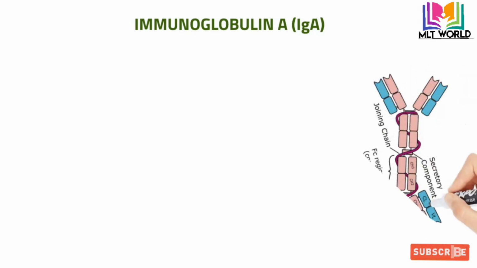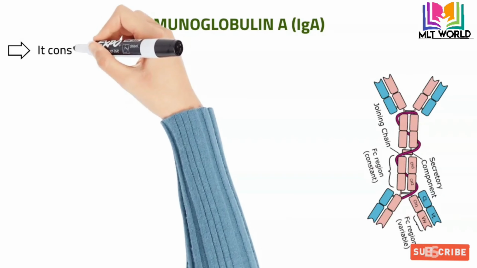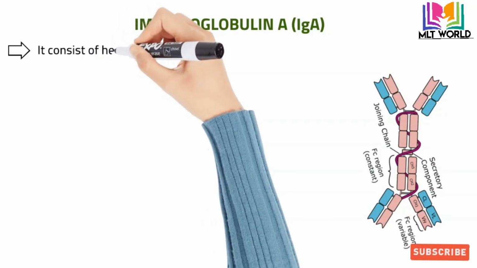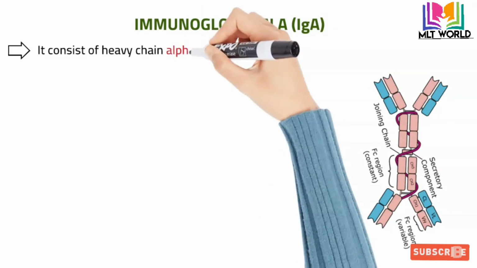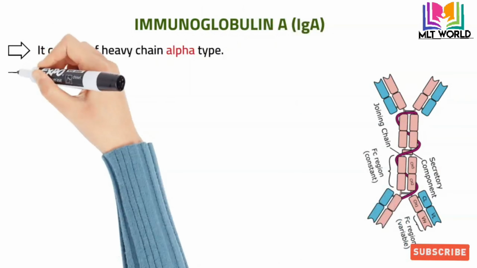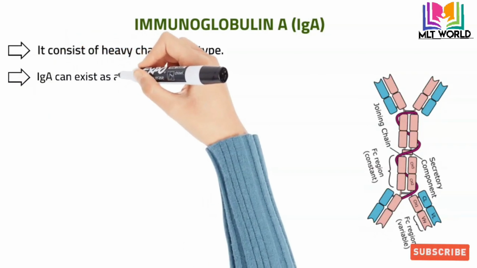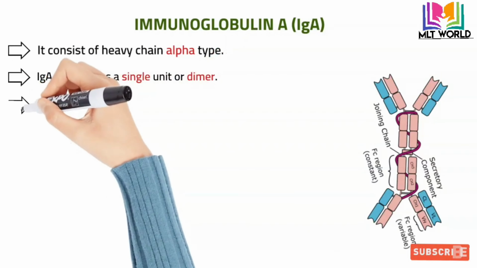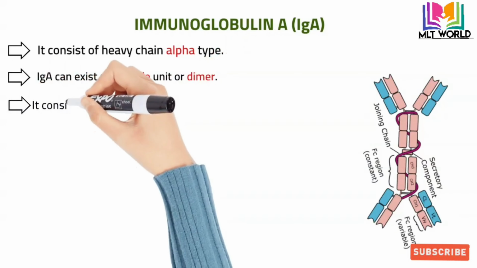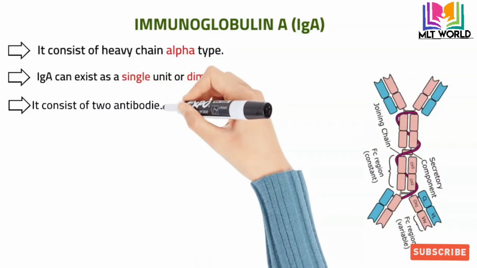Next is immunoglobulin A. As the name indicates, it contains the heavy chain alpha. In this diagram, as you can see, it consists of two units, two monomers, and it can also exist as a single unit. If it is double, we call it a dimer, otherwise single.